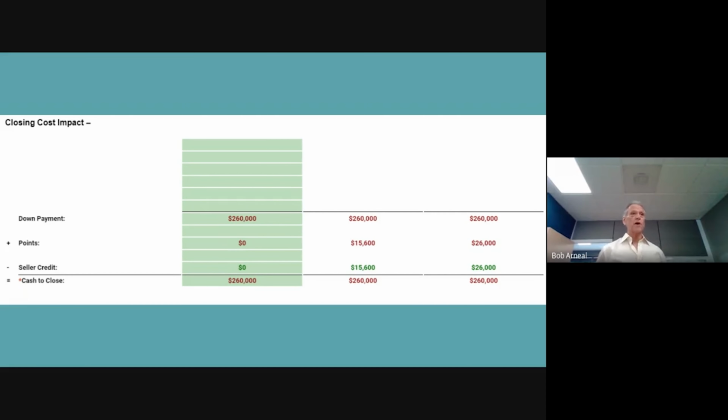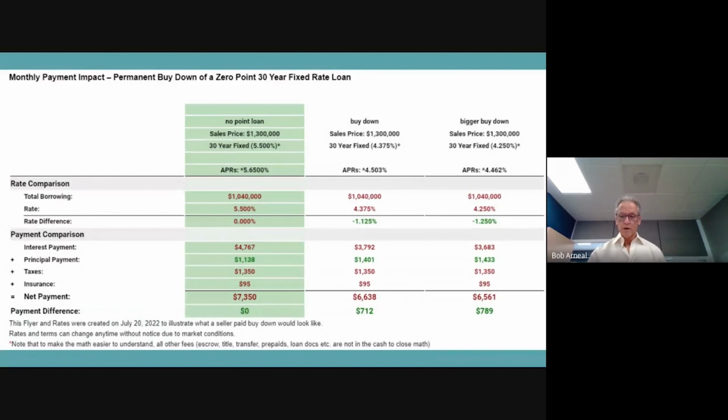I would submit to you that possibly not, but I can show you the math where $26,000, not reducing the price, or possibly a combination of two things, but $26,000 towards the cost of the buyer's loan, there's the net. It just dropped his payment by $789 per month, which is how I get the $9,468 per year savings.